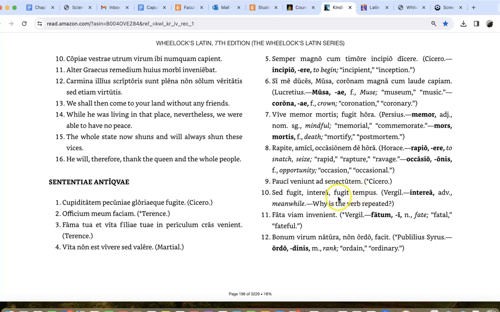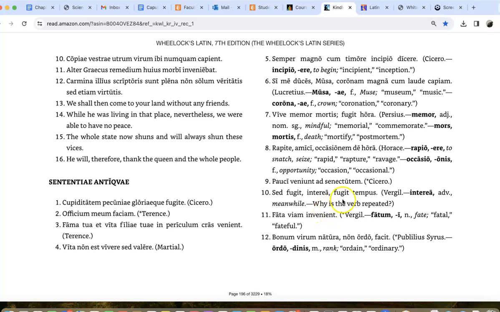Time, so maybe you can change the word order. So time flees, meanwhile, but he flees. So that doesn't make any sense either. So we'll keep it here. But he flees. So you might even say, but while he is fleeing, meanwhile, time flees. But again, even that doesn't make a whole lot of sense.